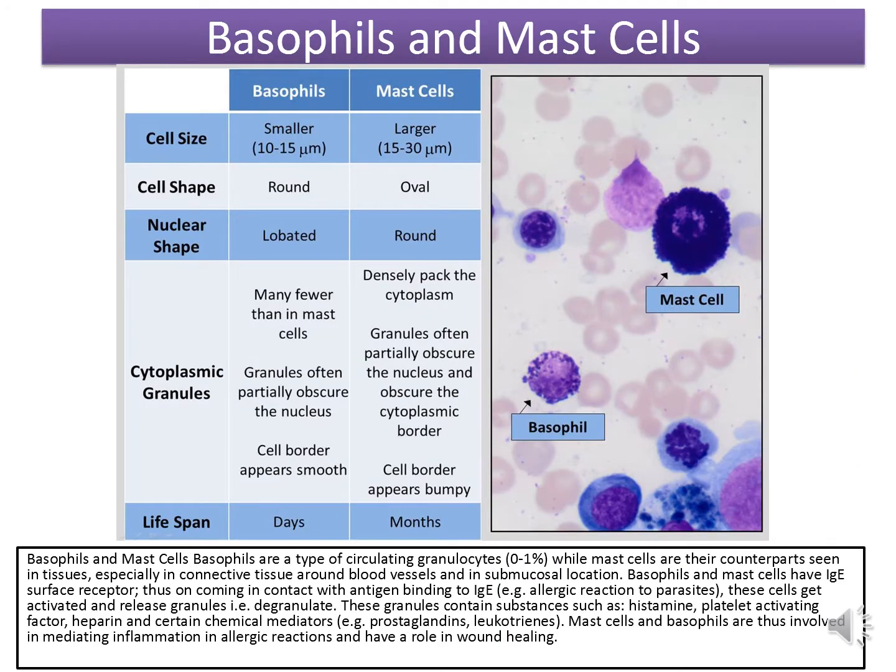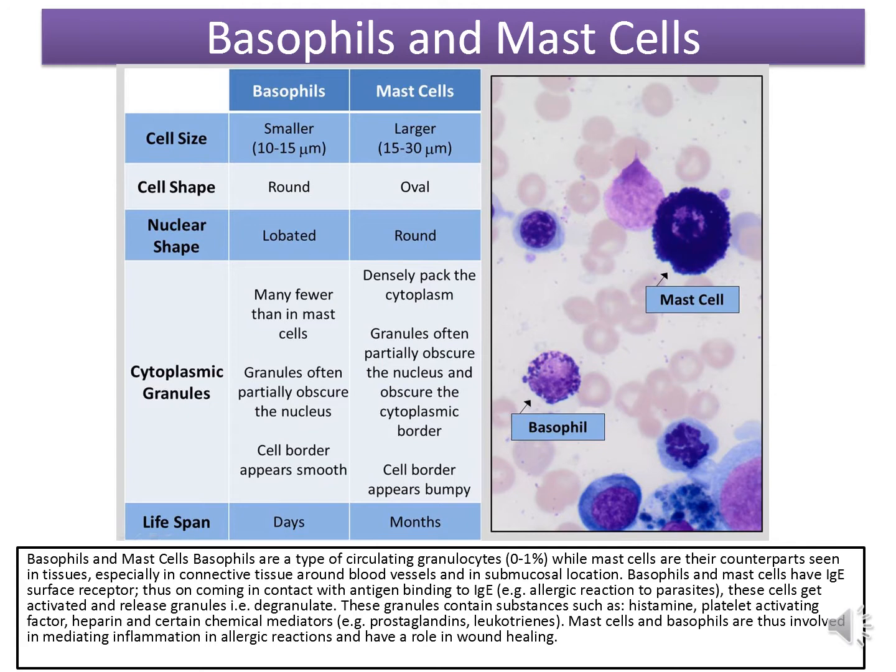The other group of cells, basophils and mast cells, are a bit different. Here you see the picture, and here you see the features of such cells. They differ in their size, basophils smaller, mast cells larger.